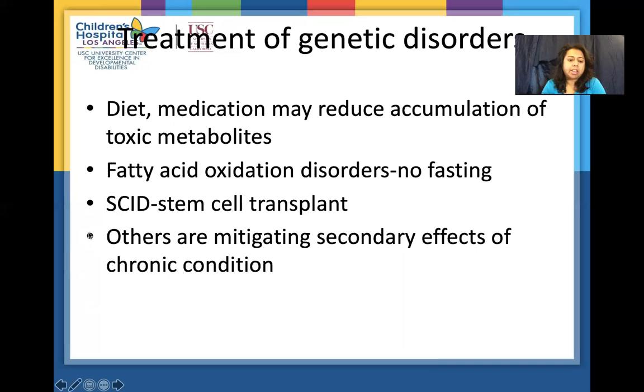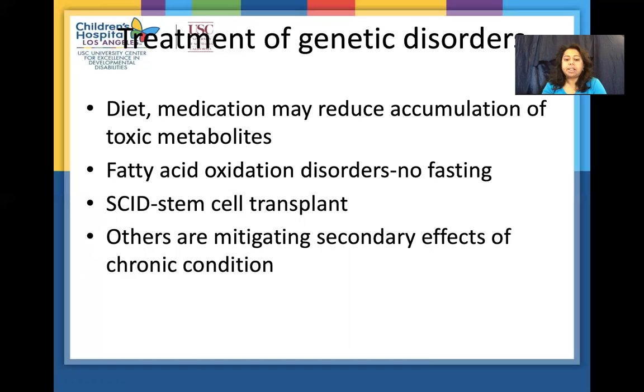Sometimes we modify genes in the ways of giving other people's genes to an individual who might be missing a particular gene. So, for instance, in severe combined immunodeficiency, an X-linked condition, stem cell transplants are an option if we're able to capture and identify that an individual has this condition early enough in their life course.